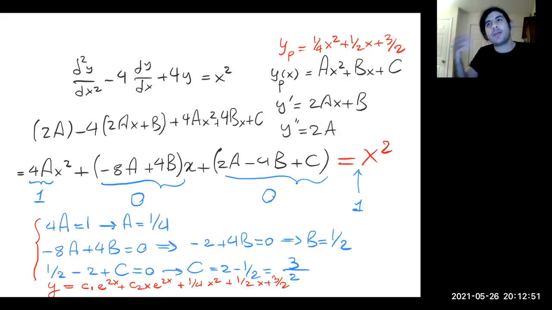So I was showing you that we have two different methods. Sometimes we have one example where one of our techniques works and the other one doesn't. This is an example where variation of parameters, writing the solution as a multiplication of two things, doesn't work, but this other one works.